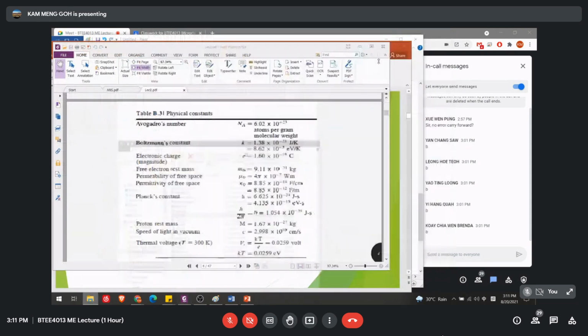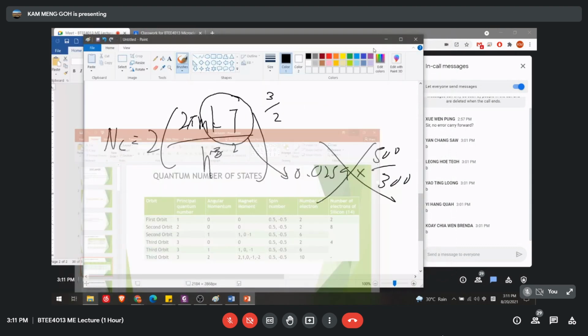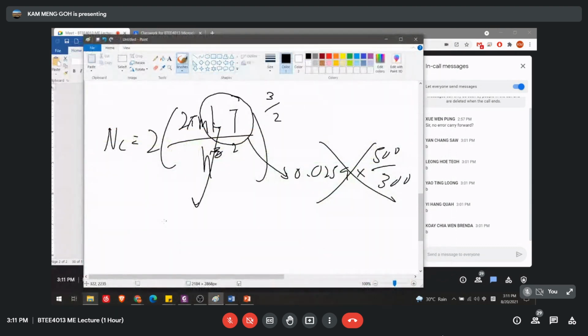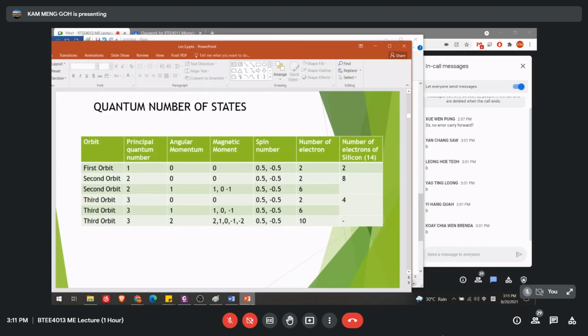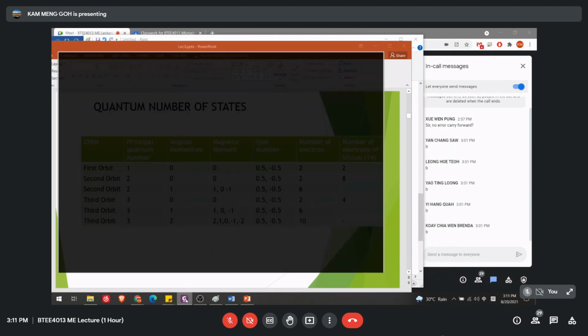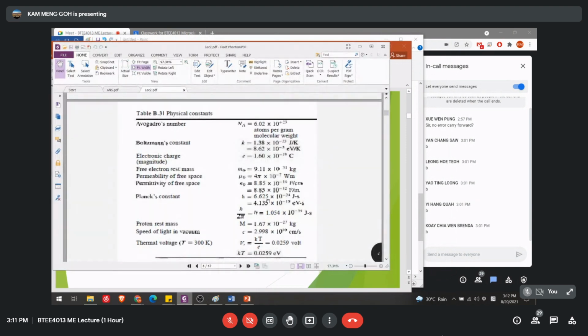Your K, you must use 1.38 times 10 to the power negative 23, and your T must put 500. For h squared, you can refer to the constant list: 6.625 times 10 to the power negative 34.